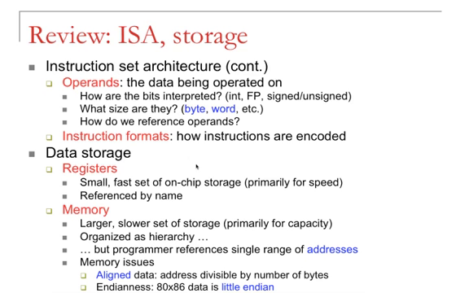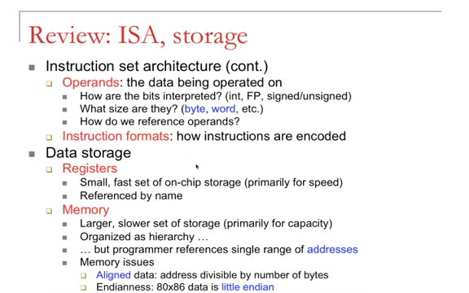Memory often has hierarchies, but for a programmer, especially an assembly language programmer, we reference the memory using addresses. Every byte location in memory has an address. That is to say, the minimal addressable unit of a memory is a byte.